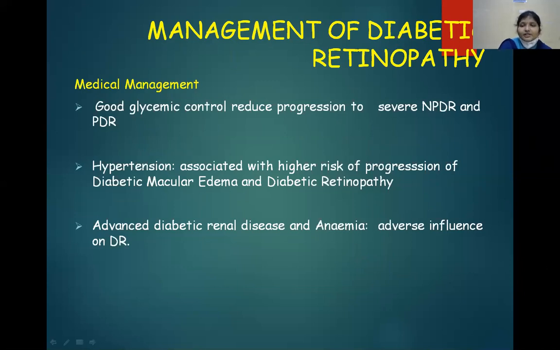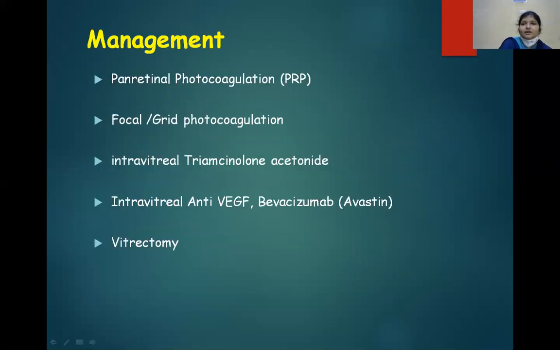And in patients with advanced renal disease and anemia, these should also be corrected. As I already told, renal disease, when corrected, helps in the recovery of diabetic retinopathy, and also the response of patients to laser is better when the renal disease is corrected. So that is medical management or the systemic management of the patient.